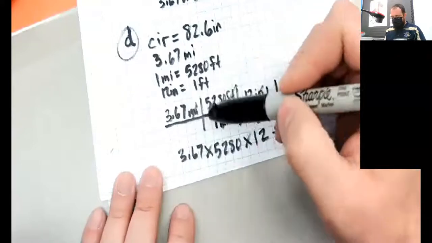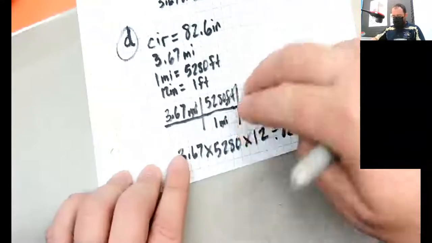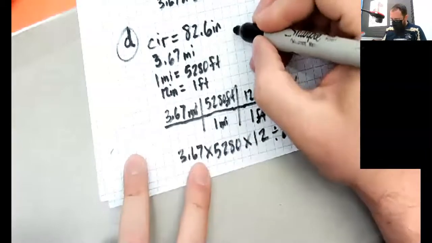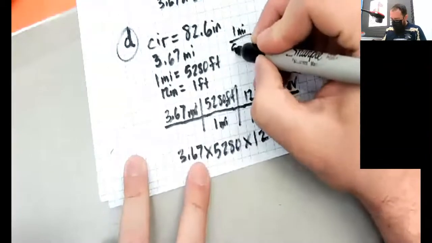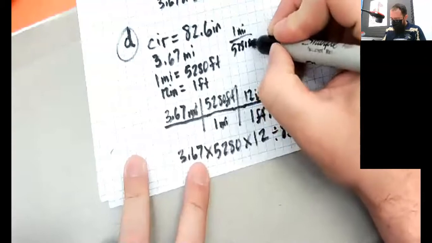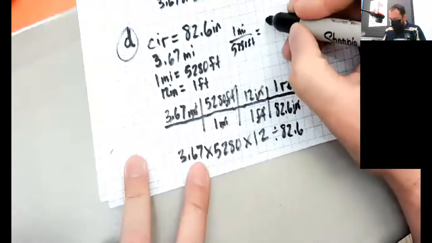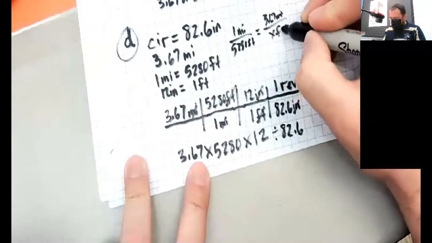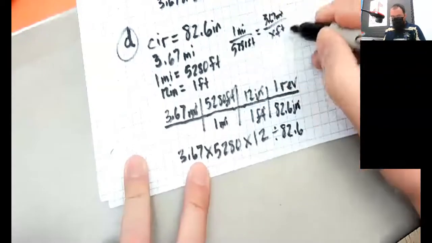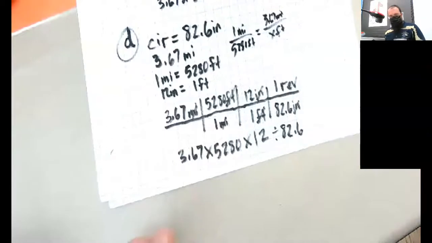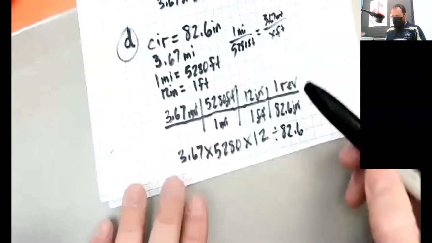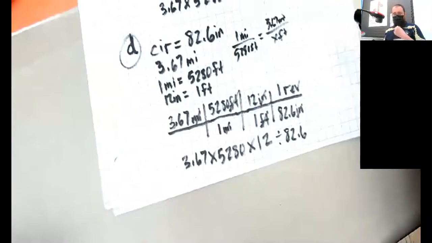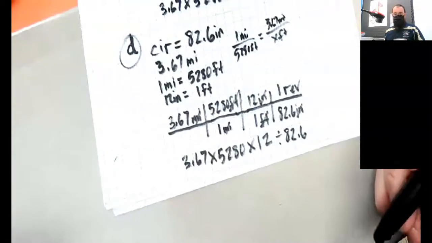If you were to do a cross multiply and divide, then you would say like 1 mile, 5,280 feet equals 3.67 miles and X feet. Cross multiply and divide. And then that answer would go into another cross multiply and divide. So you'd end up doing cross multiply and divide like 3 times. And it's doable. As long as you put everything in the correct order, you should get the right answer.